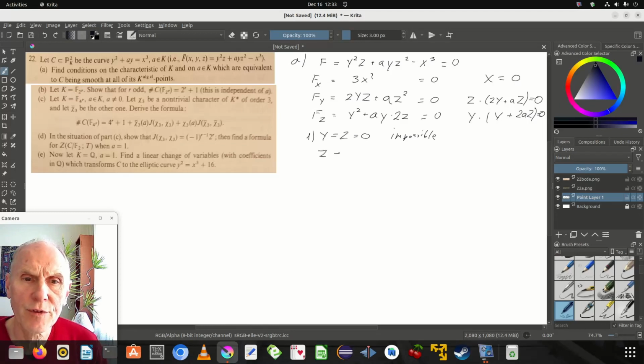Then z is 0 and y equals 2az, which is then 0, impossible. That was the 2 with z 0.